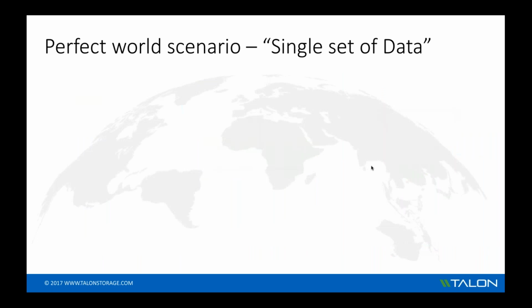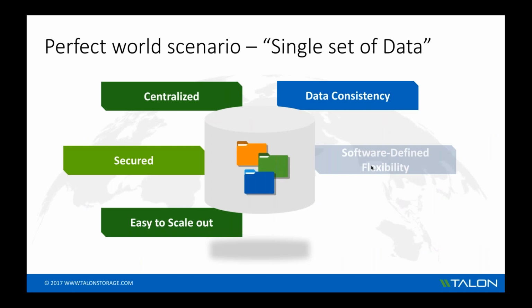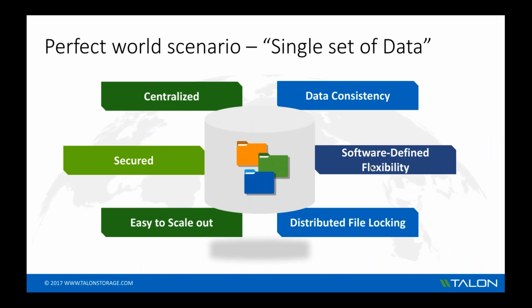When we're talking to our clients, and we touched on this last time, the perfect world scenario they're trying to accomplish is providing a single set of data. A data set that is centralized in nature, that is secured and fits into any type of authentication and authorization framework.